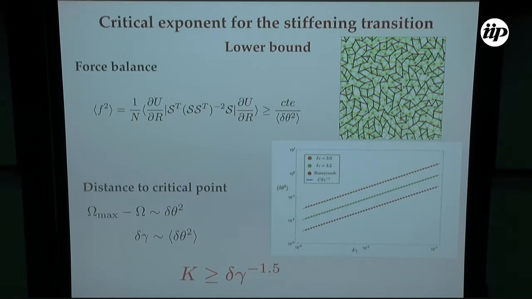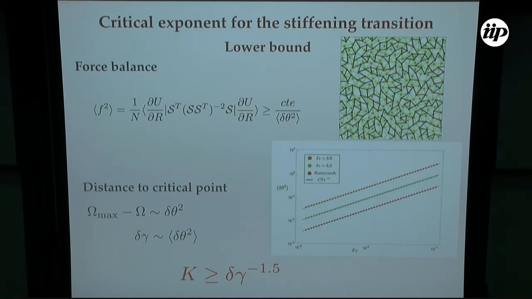We cannot show that it must be exactly like this, but we can show that it must be bounded by this kind of divergence, in which the mean of F squared should be larger than some constant divided by delta theta squared, where delta theta is the distance to the angle at the critical point, because the angle at the critical point won't be 0; it can be something else.